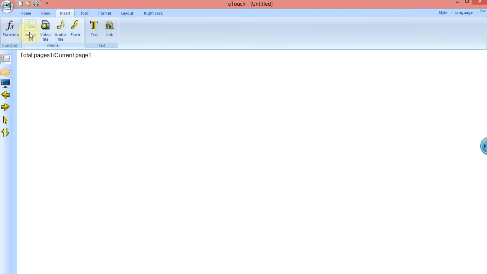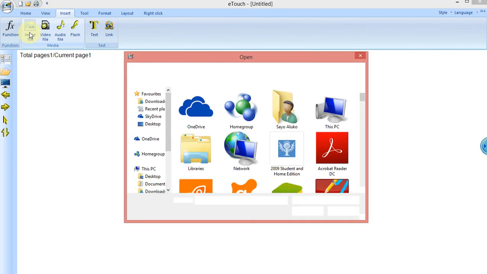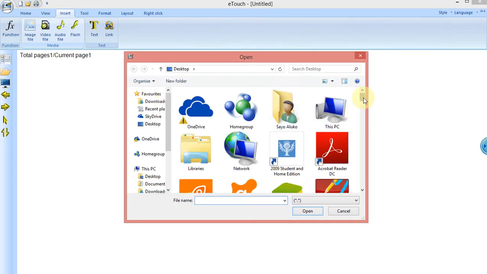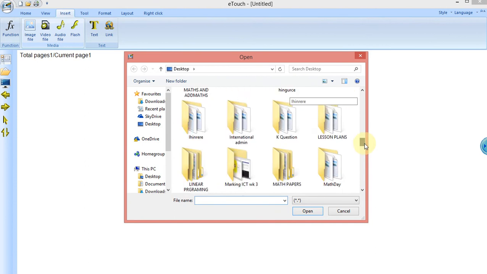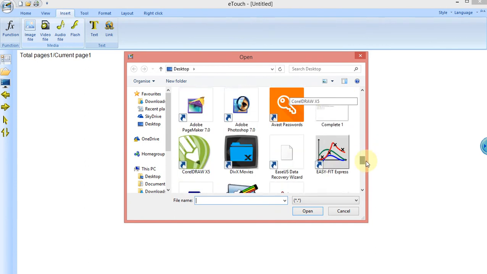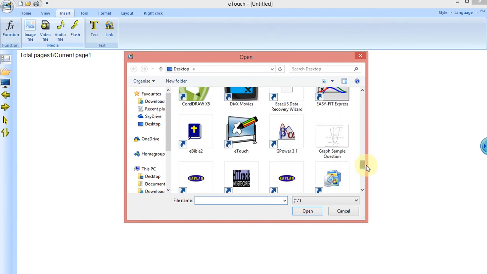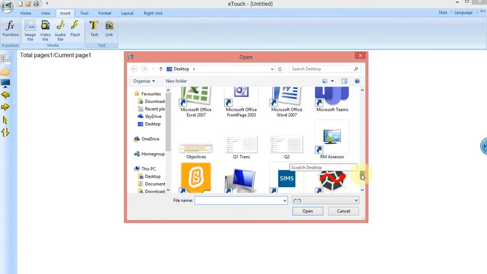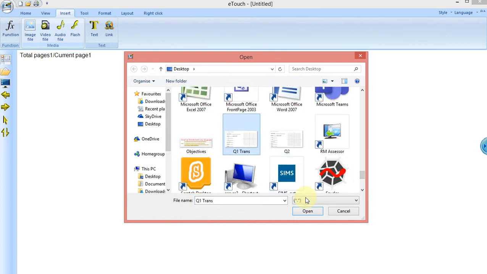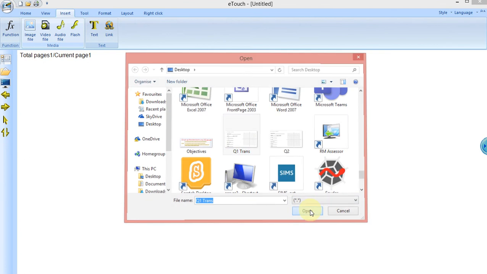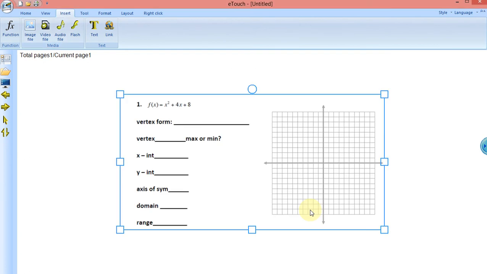Now let me import the second question. The next objective is how to complete the graph of a quadratic function using the transformation method, and also to determine the properties of such a function graph. So let's take a look at this first question.